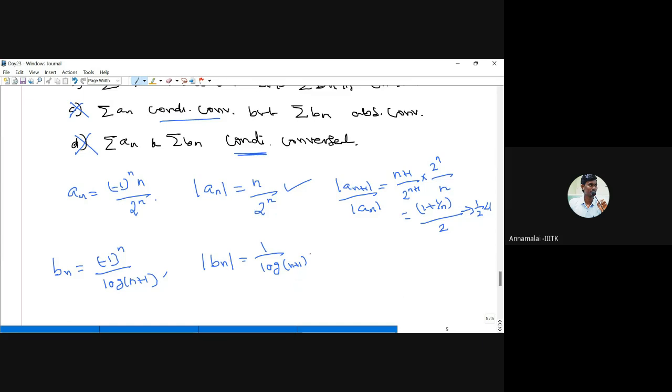Now what can you say about this series? You have to apply the comparison test. Can you produce some sequence which is less than or equal to, or greater than or equal to, something? What is the relation between log n and n? Which one is smaller?